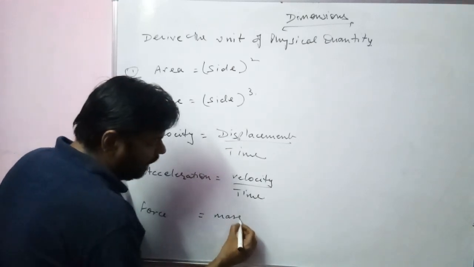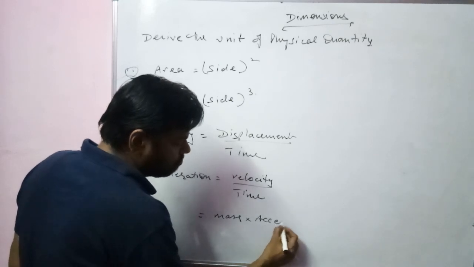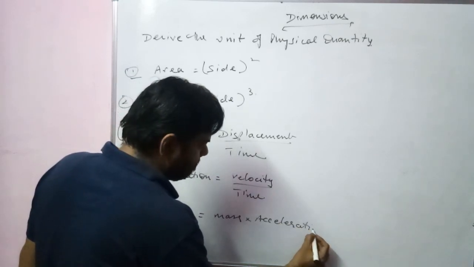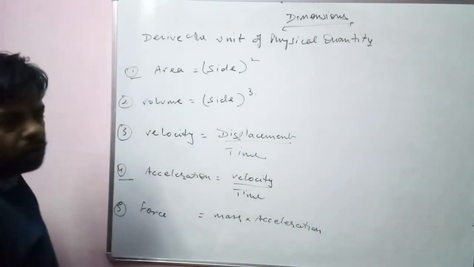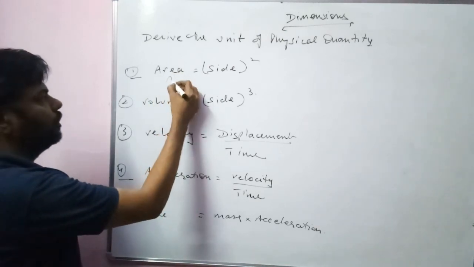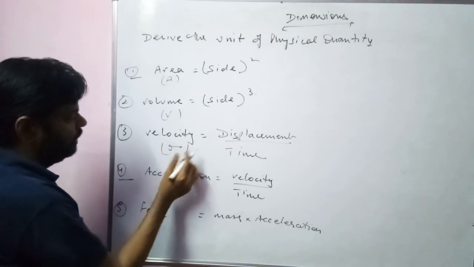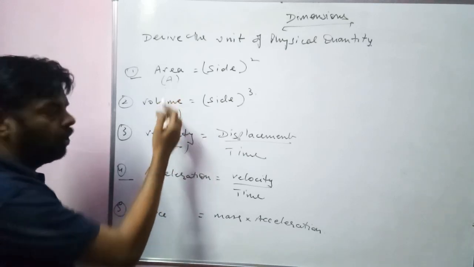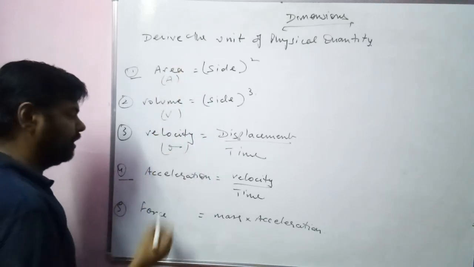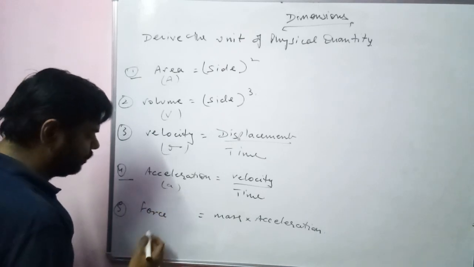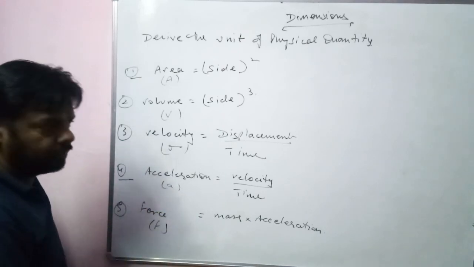Force is written as mass multiplied with acceleration. The symbolic notations which we have to use are capital V for volume, capital A for area, small v for velocity, small a for acceleration, and capital F for force.